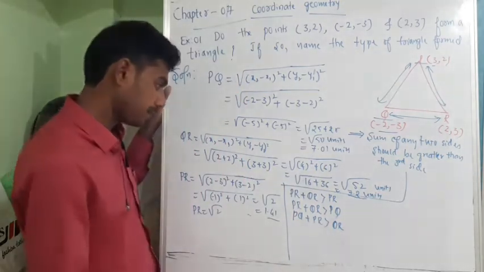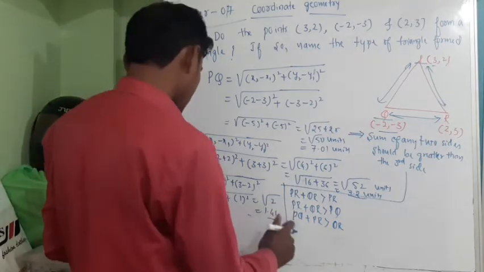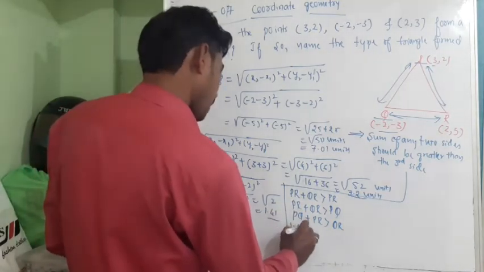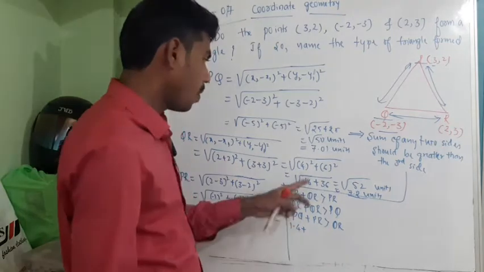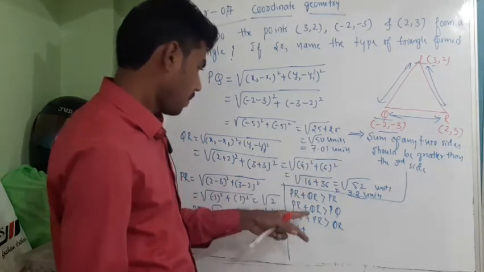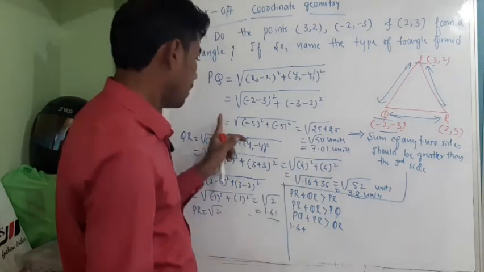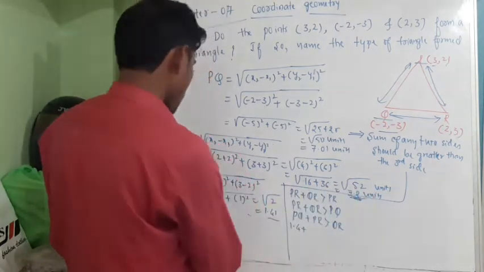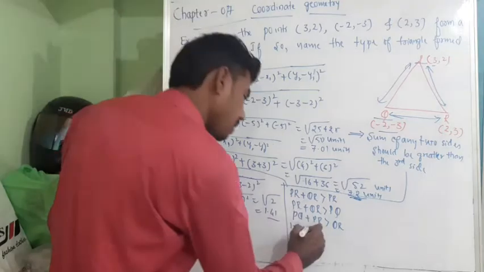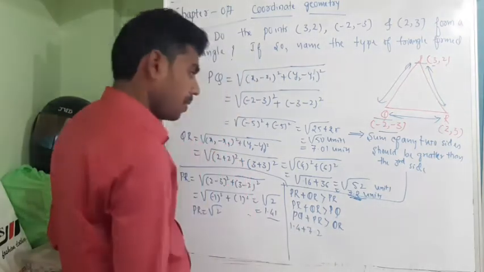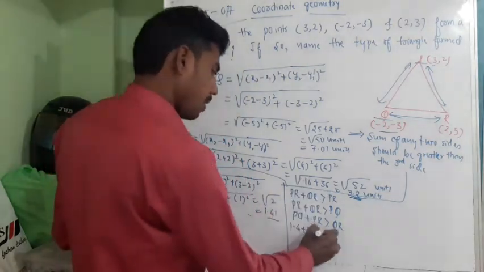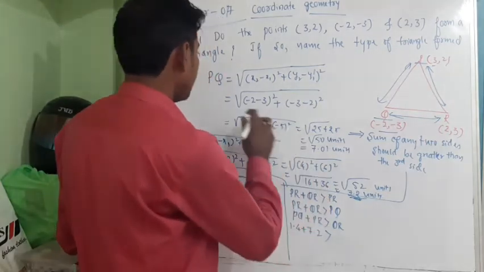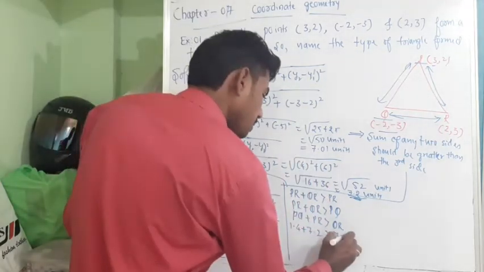Okay, now what is PR? 1.4 plus what is QR? Where is QR? This is QR. QR is 7.2 and it should be greater than PQ, that is 7.01.